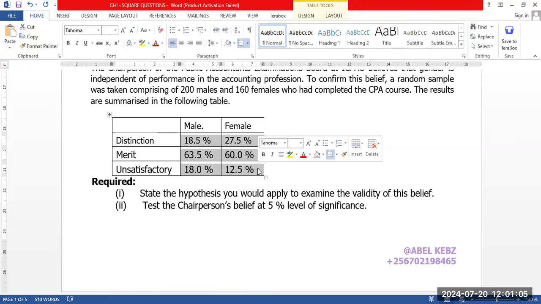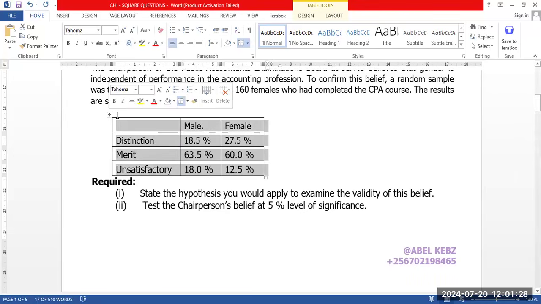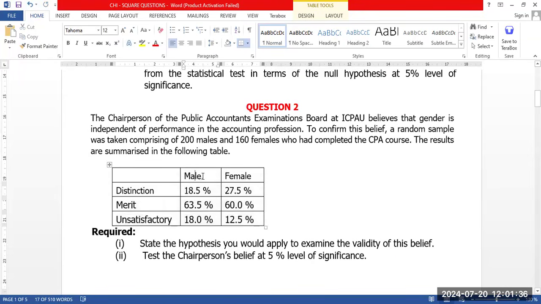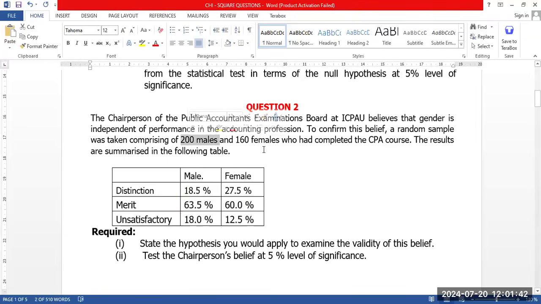So every time you're given percentages, you must convert from percentage to numbers. This is the observed data in terms of percentage. We need observed data in terms of numbers. Do you know how to convert? You know the total number of males and the total number of females, so it can be easy to convert to numbers.